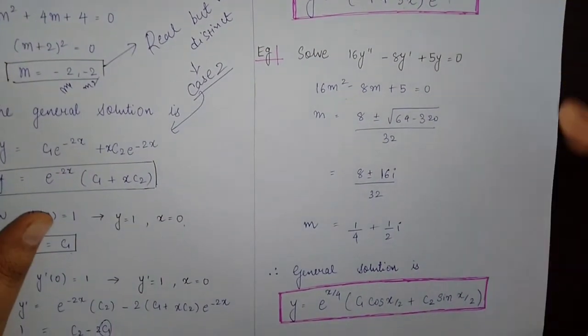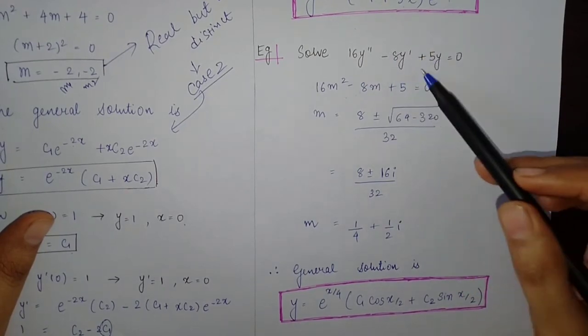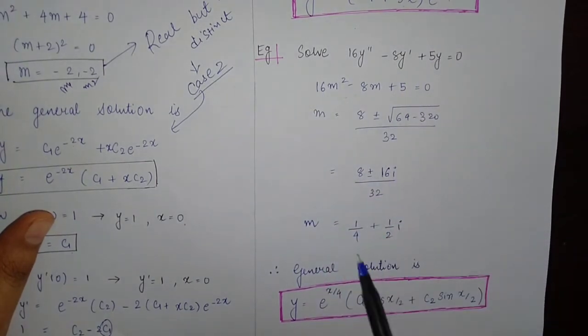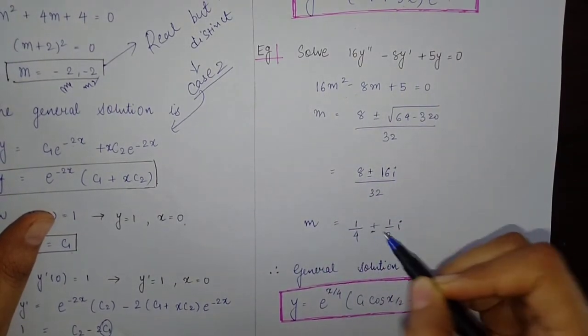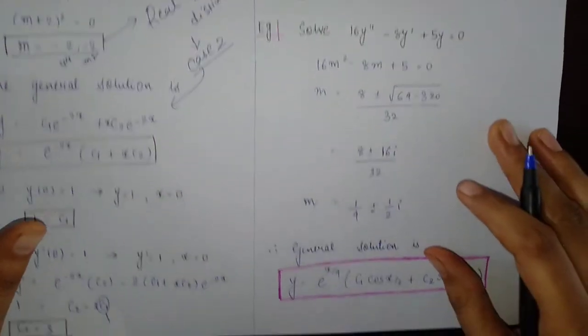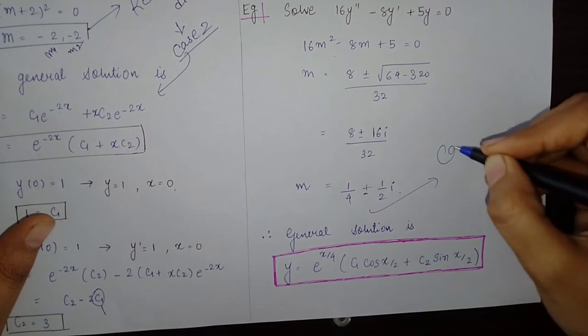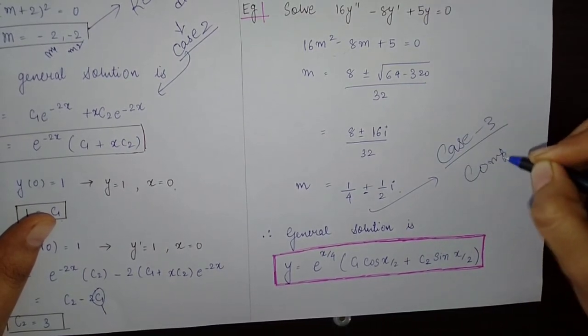And the last example: 16y double dash minus 8y dash plus 5y equal to 0. If I solve this equation, then I will get the roots 1 by 4 plus or minus 1 by 2 i. So here I will use case number 3, that is for the complex roots.